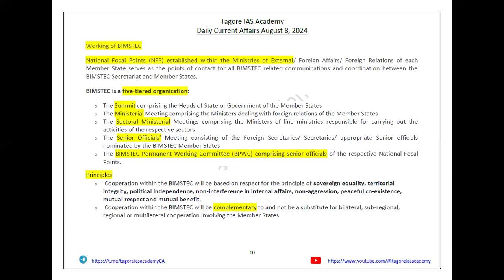So sovereign equality, territorial integrity, political independence, non-interference in internal affairs, non-aggression, peaceful coexistence, mutual respect, and mutual benefit. These are the principles on which BIMSTEC works. Then the cooperation within BIMSTEC is not a substitute for, but complementary to, bilateral relations. Anyways, not that important. We shall move further.